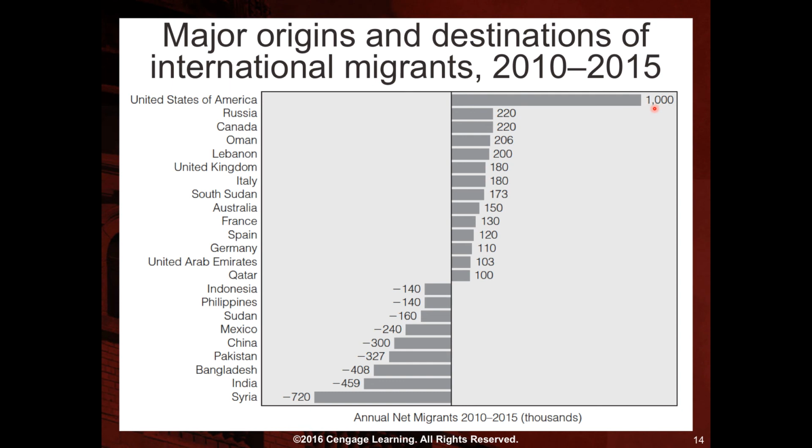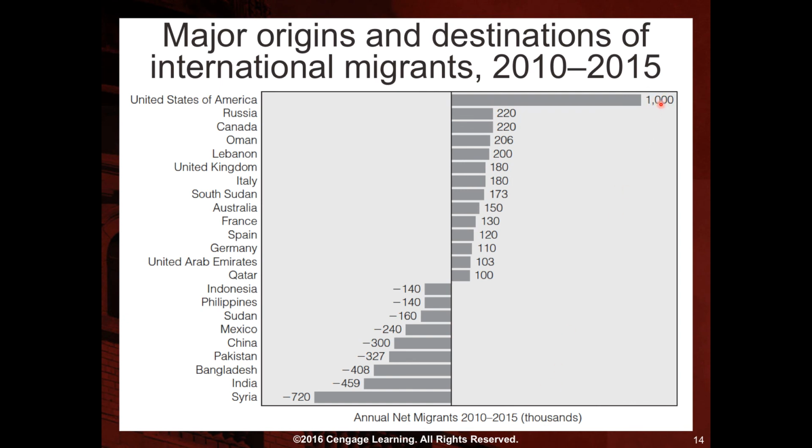So it had 1 million more immigrants than emigrants, because we are talking about net migration. Net migration, when we are talking about international migration, is the number of immigrants minus the number of emigrants. So in the US, in this period, we had 1 million more immigrants than emigrants, so we have positive net migration.